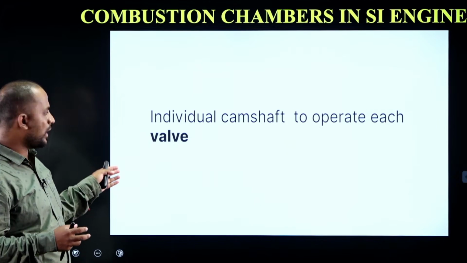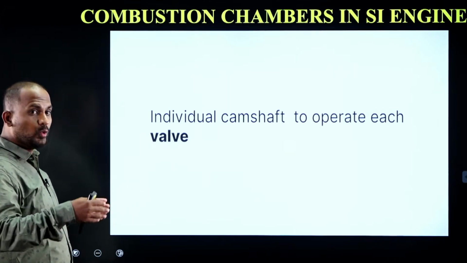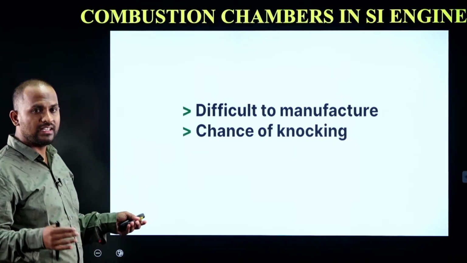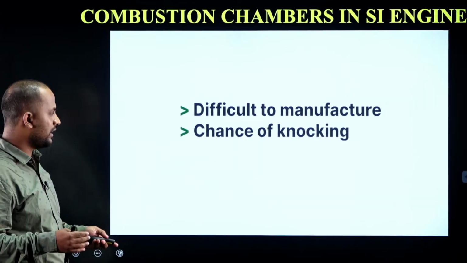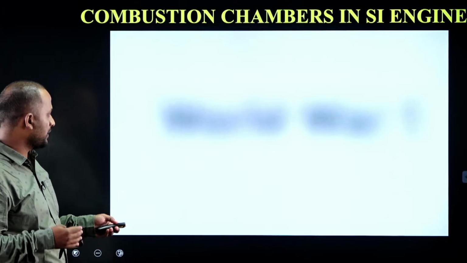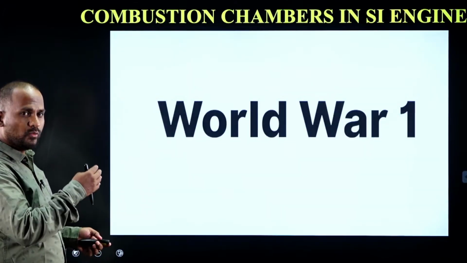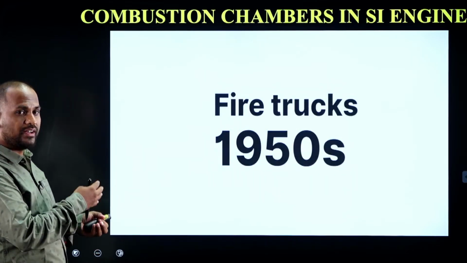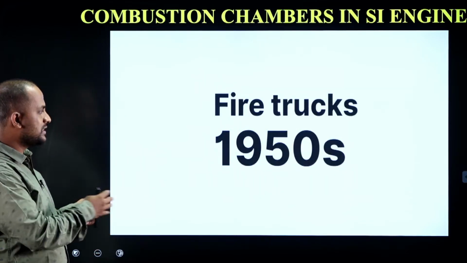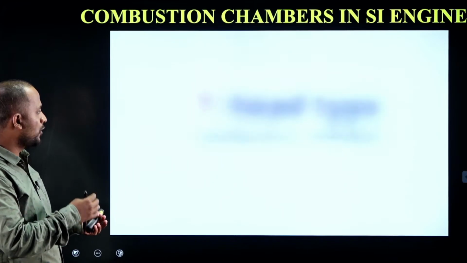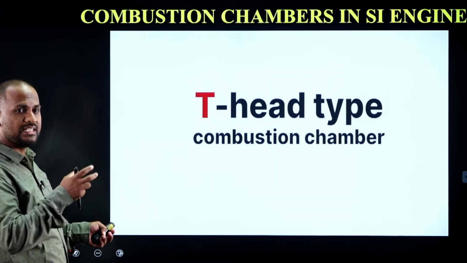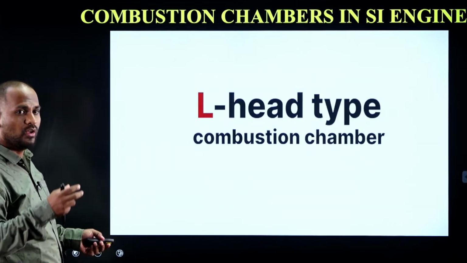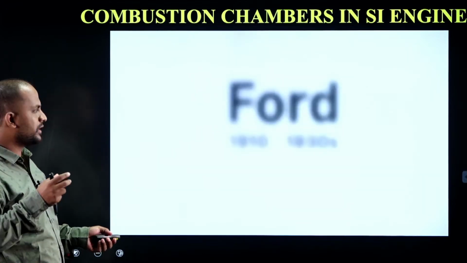It requires an individual camshaft to run the two valves, which is difficult to manufacture, and there is a high chance of knocking. In World War I this was used, and in fire trucks till the 1950s these combustion chambers were used. After that, there was the end of the T-head type combustion chambers. Now the L-head type combustion chambers were introduced.